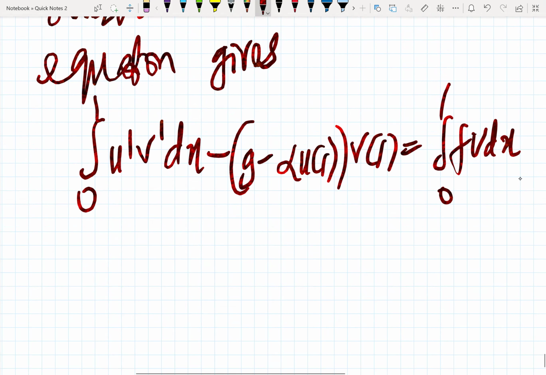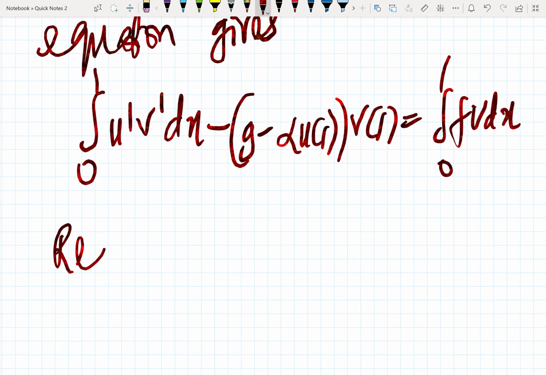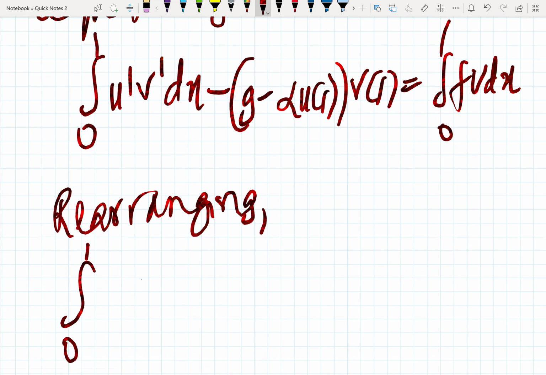So rearranging all of that, we have the integral from 0 to 1 of u prime v prime dx. If you expand this now, let me go step by step.